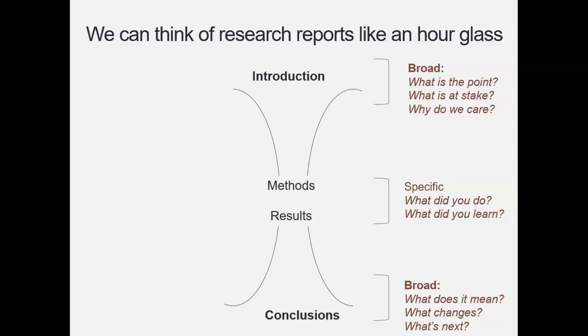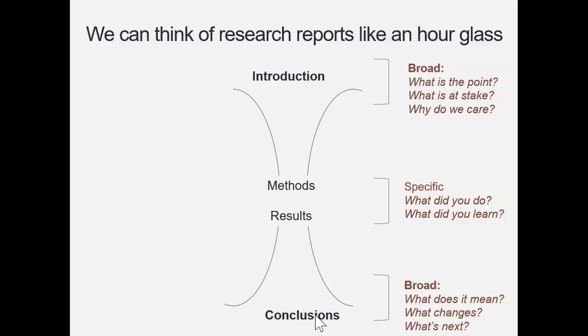Now, still at a very high level, you should think of the overall organization of any kind of research report writing that you do as shaped like an hourglass, where the introduction and discussion or conclusion sections are broad. They talk about big questions about why this topic is important, how it contributes to knowledge, why we care.